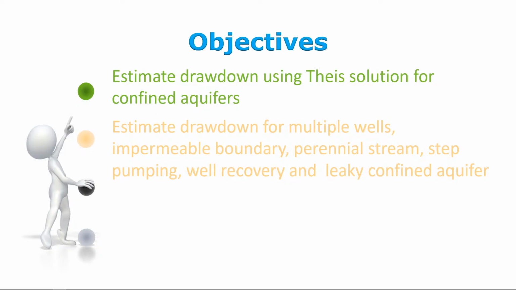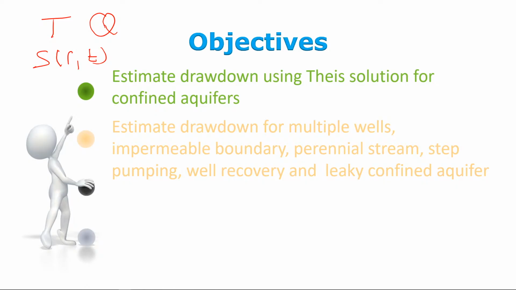So basically, if I know T, the transmissivity, and I know Q, how much I'm pumping, then I will be able to estimate drawdown at any r, at any distance from the pumping, at any time. Yes, there is an equation for that.